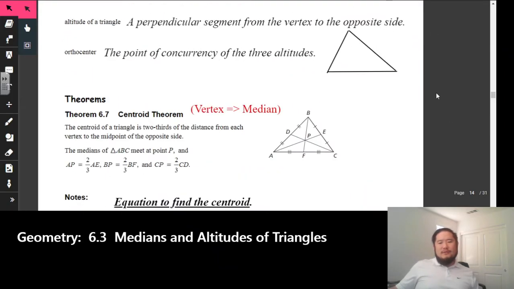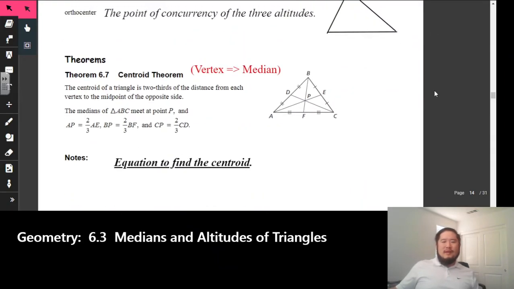How is this useful? I guess it depends on what career you go into. But right here, let's take a look at what the centroid is. So remember, what I tried to do right here to know the difference when you look at a diagram and determine whether they are showing you the centroid or the orthocenter is one, remember, centroid is the vertex to the median, right?